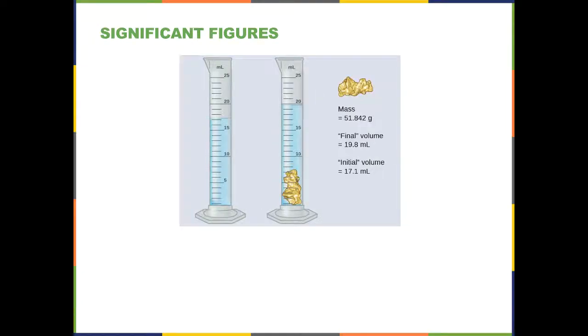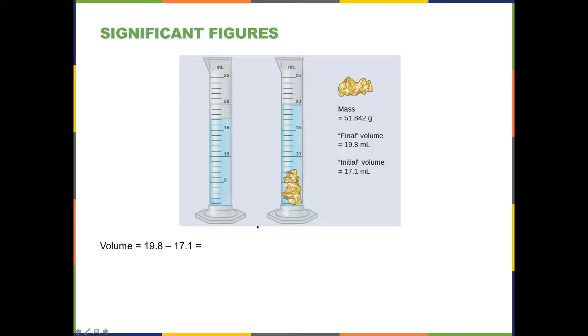Here's another example. Again, you start out, and this looks like about 17.2, give or take, and this is 17.1, it looks like 19.8. And the mass here, again, we have our excellent scale, 51.842. So you know that our answer is going to have to stop at the tenths place.